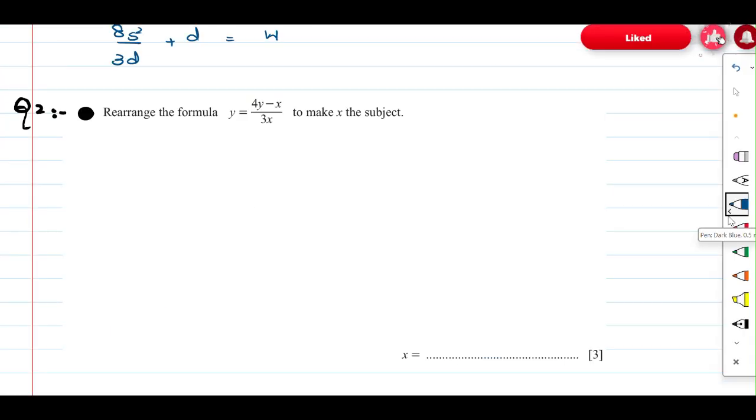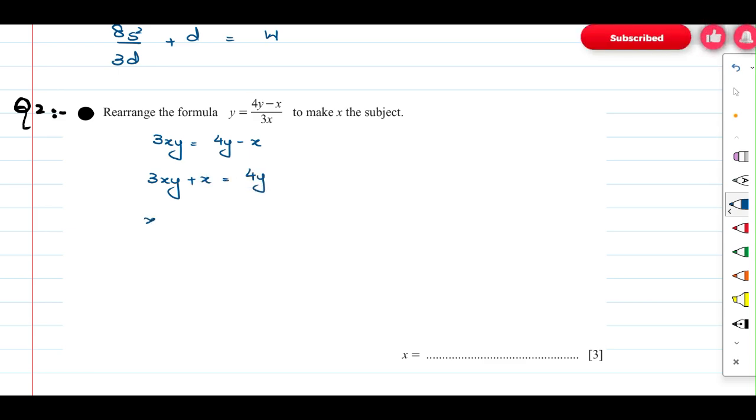Right. Look at another example of algebraic manipulation. Rearrange the formula, y in terms of y and x, to make x the subject. You have to make x the subject. So cross multiply: 3xy equals 4y minus x. Combining the x terms, 3xy plus x equals 4y.